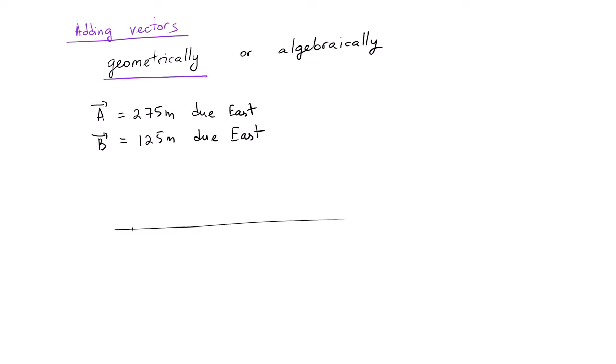So first let's mark our starting point where the car starts, and then let's draw vector A. So the displacement A, let's say this is our vector, goes to the east, and this is vector A. And then vector B, which is a little bit less than half of vector A, continues on. That's vector B here.